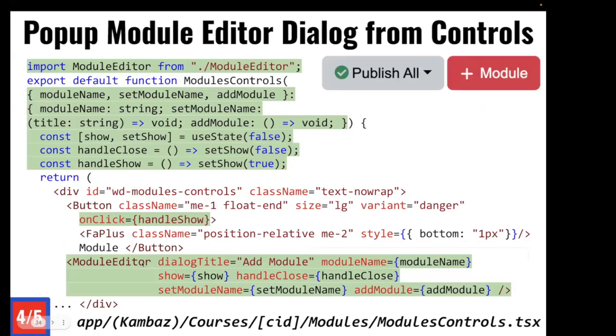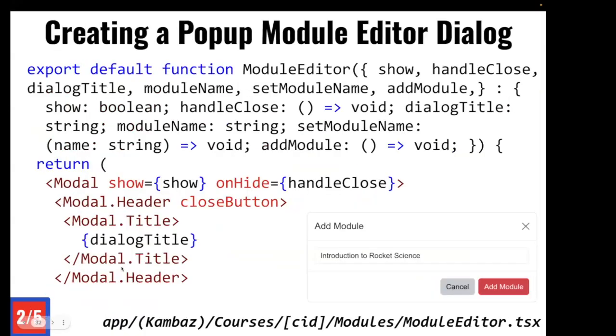So here in the module controller is where we're going to keep track of a toggle Boolean expression on whether the dialog should show or not show. And we're going to pass the handle close to the module editor so that when we click on this X here, or we click on cancel, we can cause the dialog to disappear.